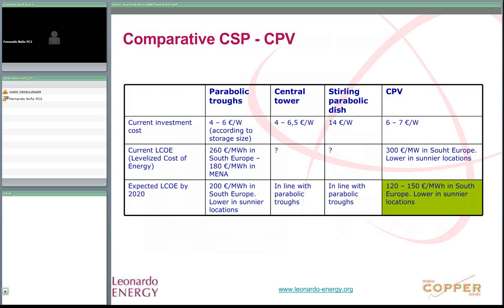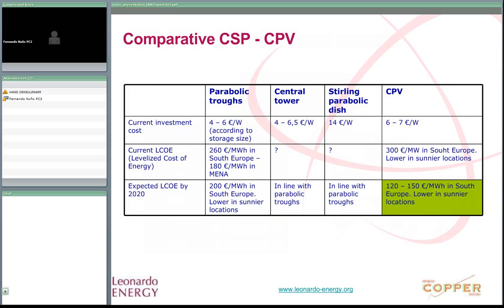The levelized cost of energy today is about 260 euros per megawatt hour in South Europe, lower for the Middle East and North Africa or any other sunny region. For central tower and Stirling technology, we don't have enough feedback from the field. CPV is roughly 300 euros per megawatt hour in South Europe, lower in sunnier locations.